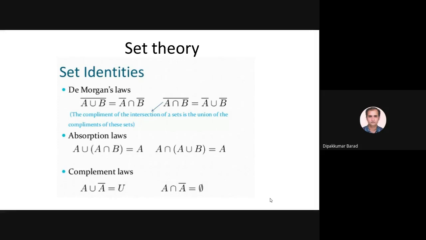And complement laws: A union A bar is equal to U, and A intersection A bar is equal to phi.